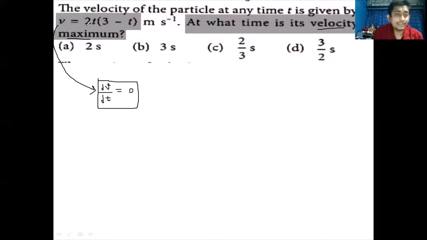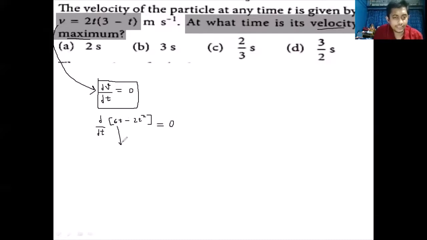Let's take this 2t inside. So it is d by dt of 6t minus 2t square.